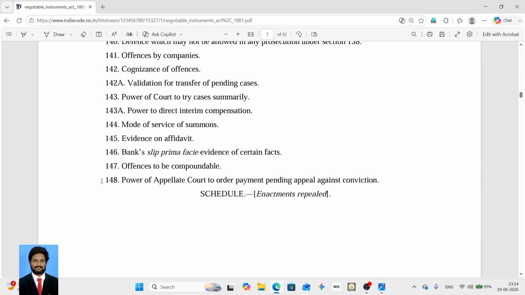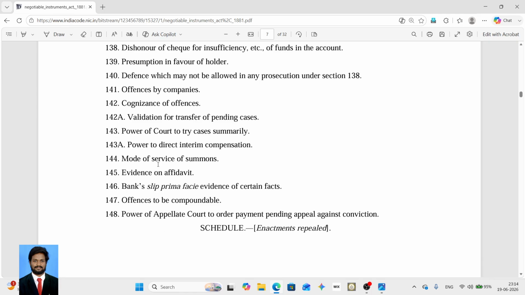There are totally 148 sections, isn't it? There is section 143 and 143A also. So we have this type of additional sections, 5. We have existing numbering of 148 sections.